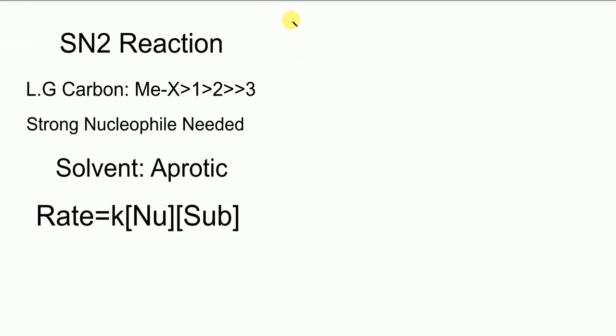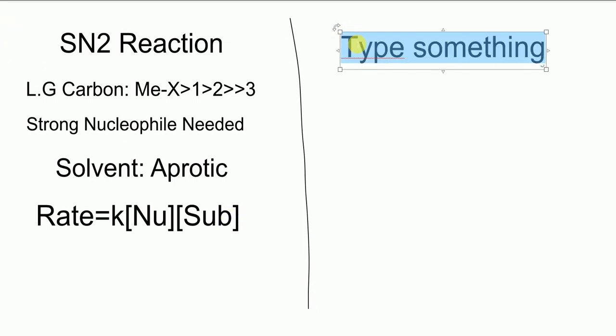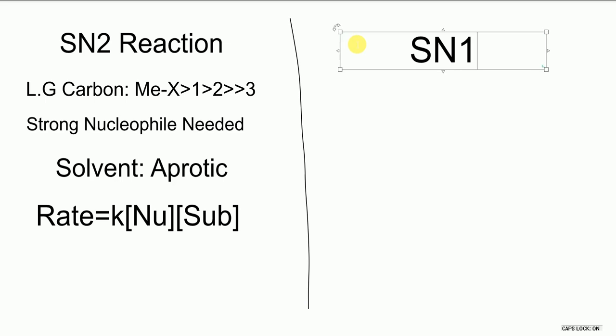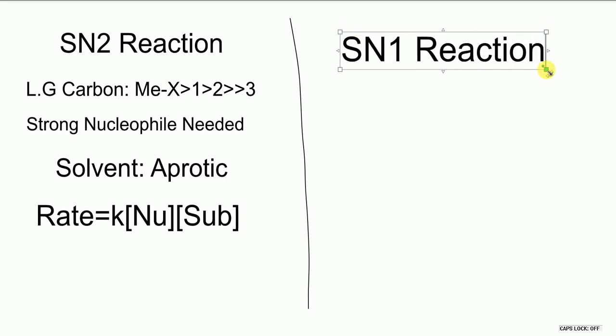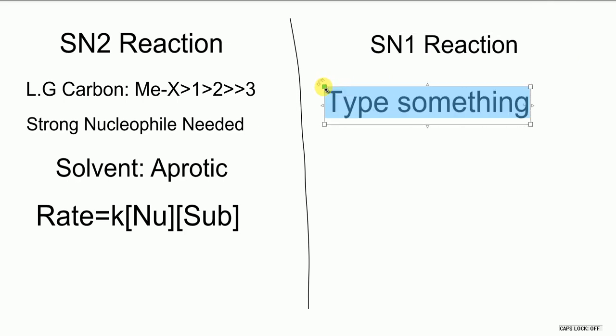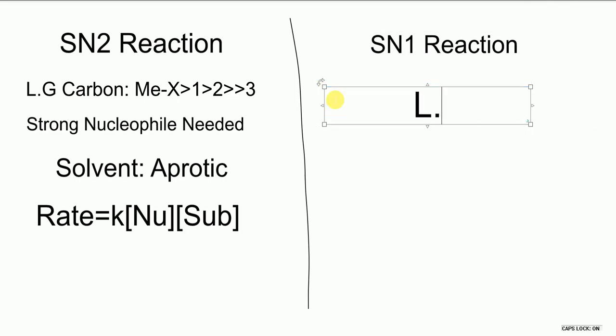And then I'm going to write out some SN1 details over here. The leaving group carbon likes to be tertiary, above secondary, above primary.